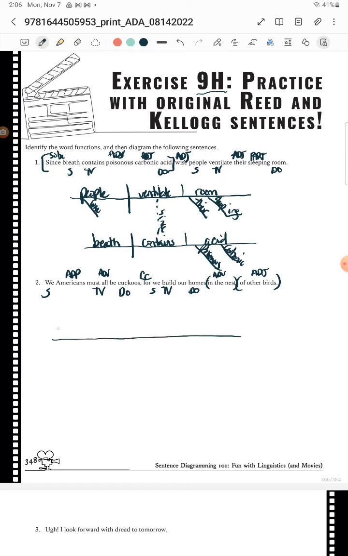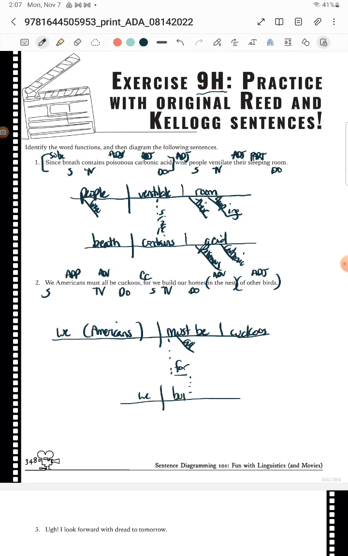Okay. So we're going to have we, and then what do we Americans, this is very political right here. We must all, yeah, it's an adverb, right? We must all be cuckoos, for, what do we do?